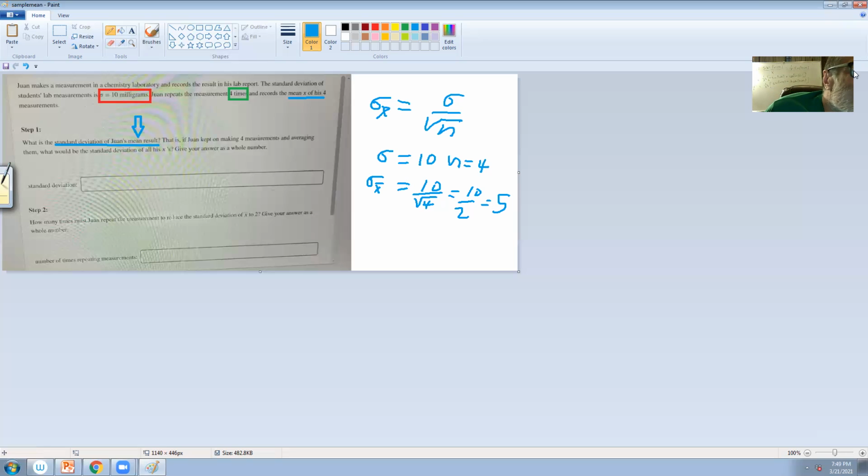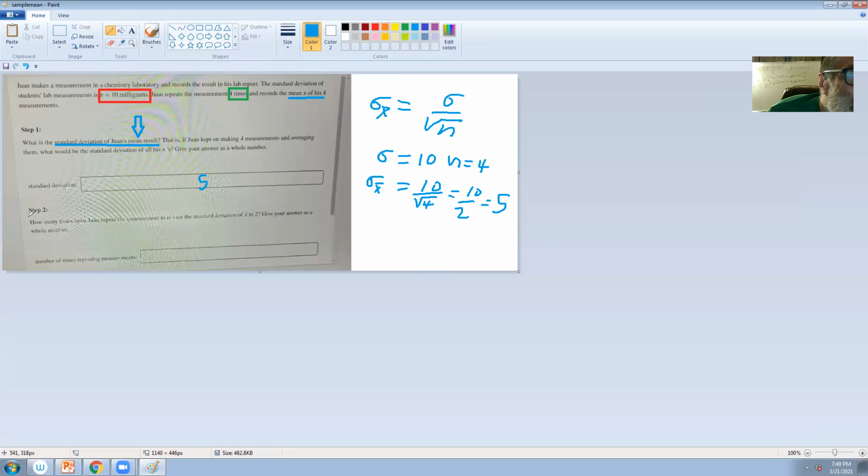So that means this answer would be 5. So there's your standard deviation.